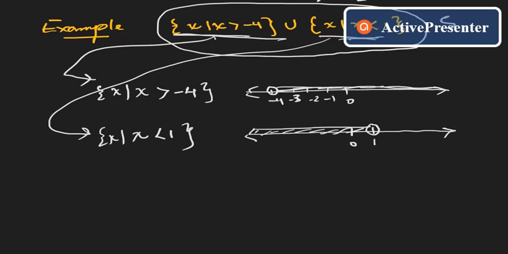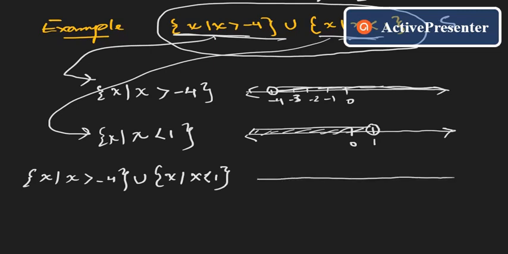So the union of these two sets is graphed like this. Here we have 0. So we know what is the union. We take all the values here up to the open minus 4 and here from negative infinity to 1 open.